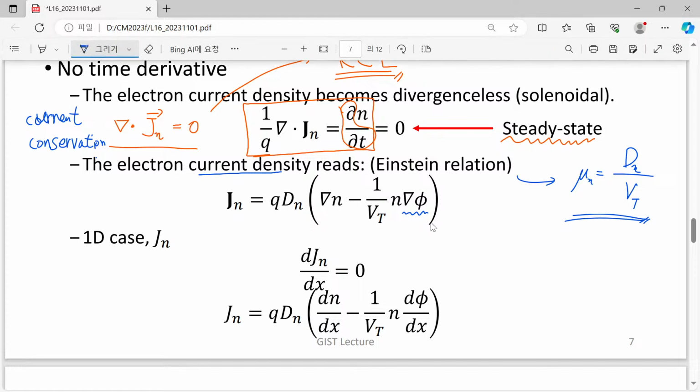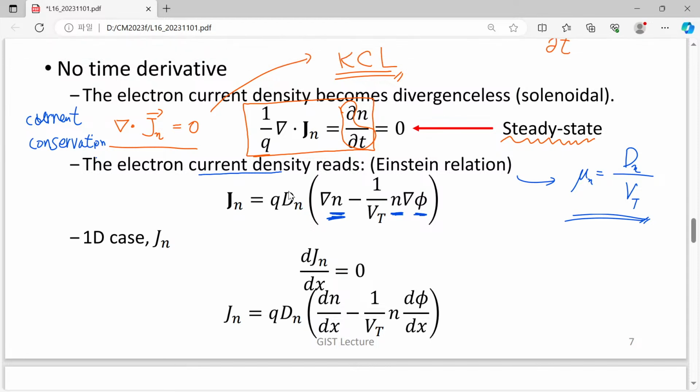So now we must solve both the electron density and electrostatic potential. Then I wanted to ask this question. Basically, this electron continuity equation is the equation for electrons. Okay, so electrons are covered by the electron continuity equation.